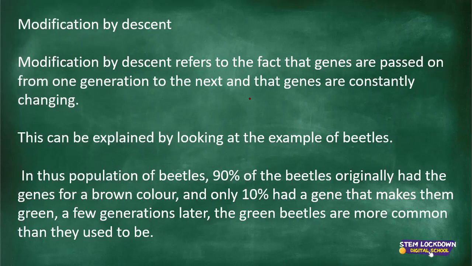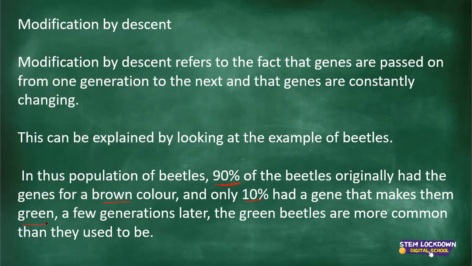In this population of beetles, 90% of the beetles originally had the genes for a brown color, and only 10% had a gene that makes them green. So in this original population, 90% brown and only 10% green.